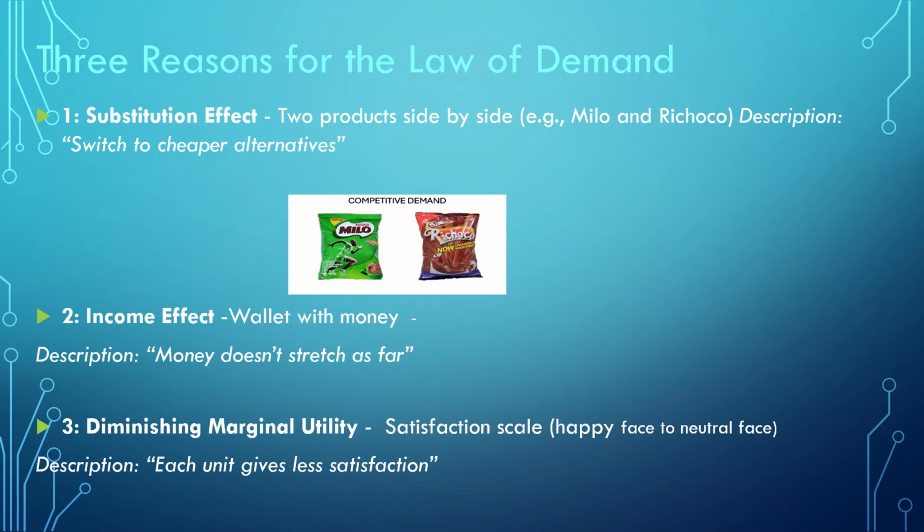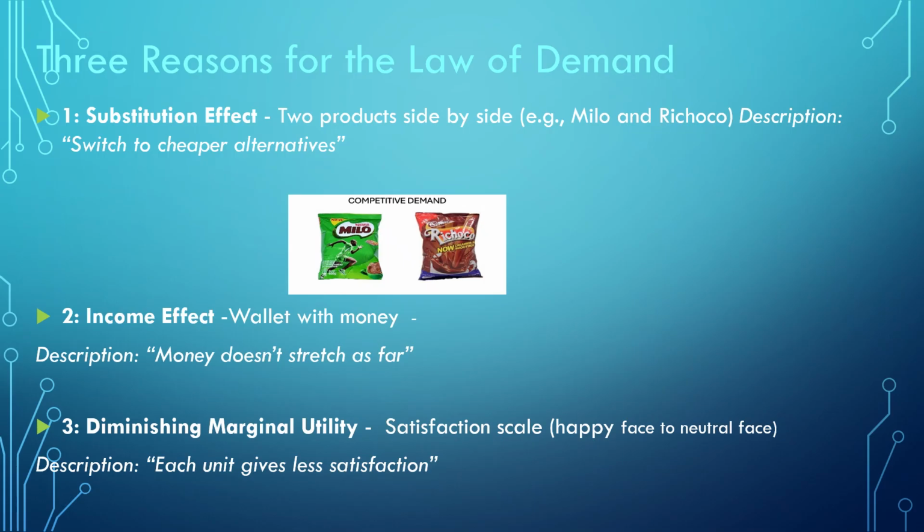The first cup of gari you buy gives you great satisfaction. You are hungry. The second cup is still good, but slightly less satisfying than the first. The third cup is even less satisfying. But the fifth cup, you are probably full and don't want any more. Each additional cup gives you less satisfaction.